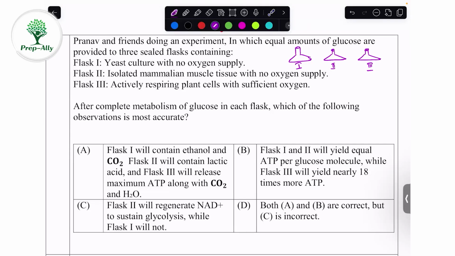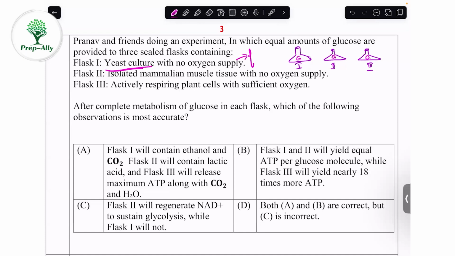Flask one has yeast culture with no oxygen supply. Yeast culture with no oxygen denotes that it undergoes fermentation.